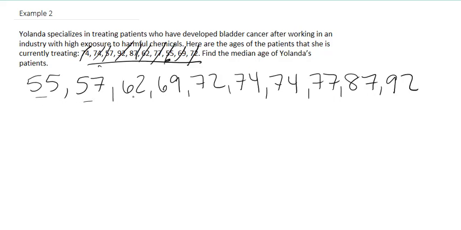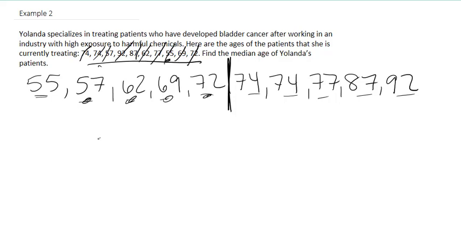So now let's count the number of patients. We have 1, 2, 3, 4, 5, 6, 7, 8, 9, 10. So we will need to divide this in half. So we have 5 on the left-hand side, and we'll need 5 on the right-hand side. 1, 2, 3, 4, 5. We'll just put the line right in the middle because we have 5 numbers on the right as well. So we have 2 numbers in the middle, 72 and 74.